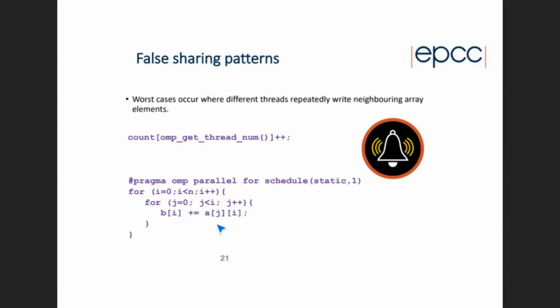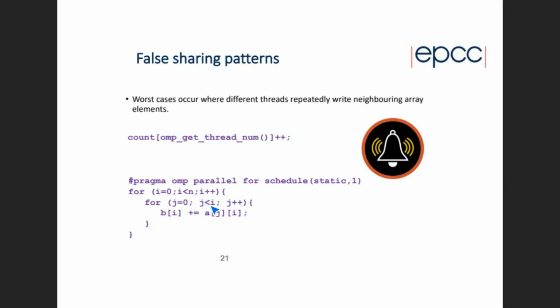Another kind of situation you might see it in is, for example, a loop nest like this. We've got a two-dimensional loop nest here: I from 0, I less than n, and J from 0, J less than I. So we've got one of these imbalanced loops again, and the innermost loop writes values into B[I].